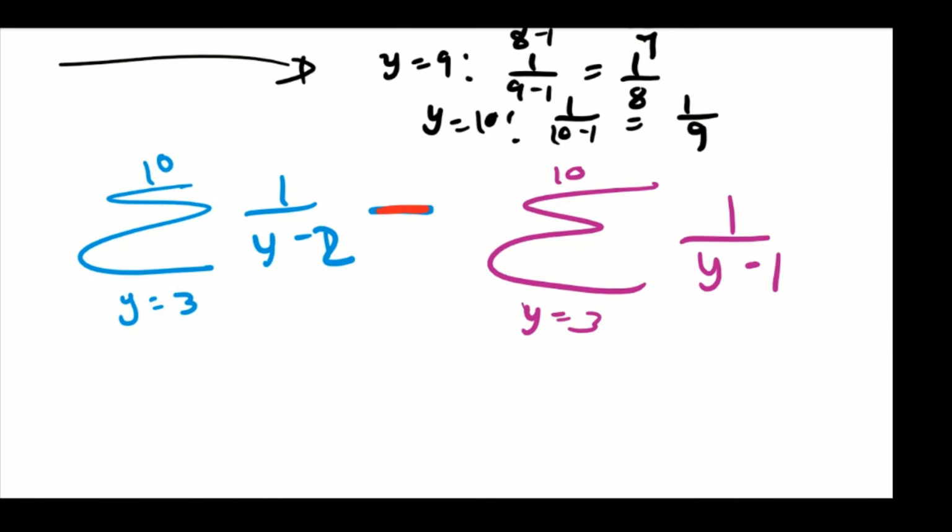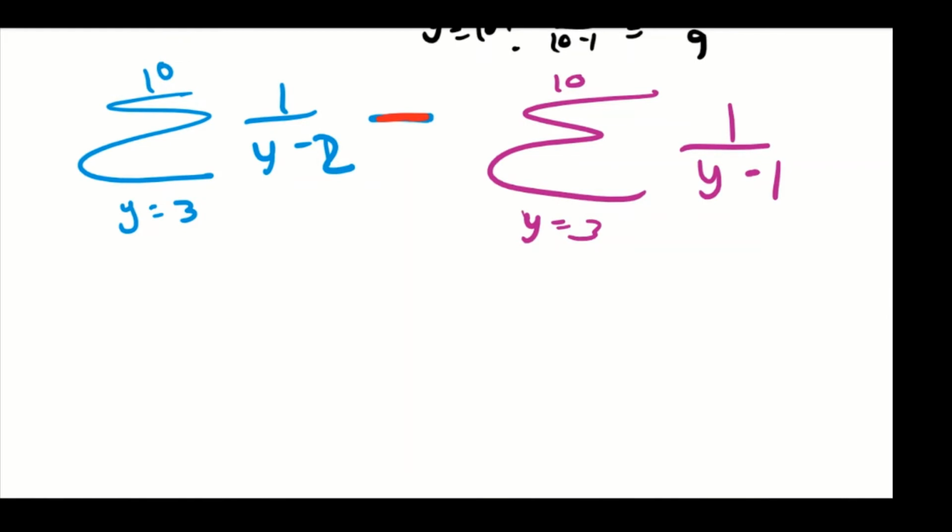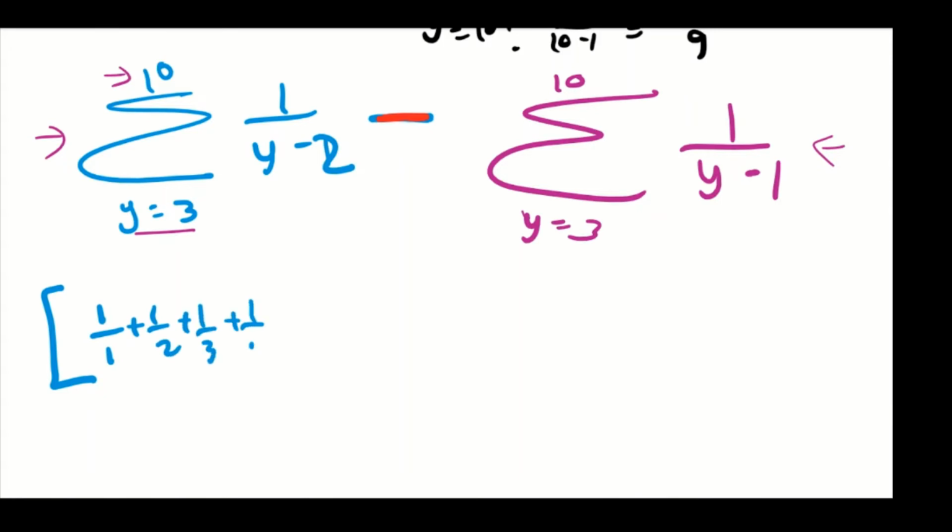So we already identified all the terms from y equals 3 up until 10, for this part here and also for this one here. So let me write for these ones here. We found 1 over 1 plus 1 over 2 plus 1 over 3 plus 1 over 4 plus 1 over 5 plus 1 over 6 plus 1 over 7 plus 1 over 8.